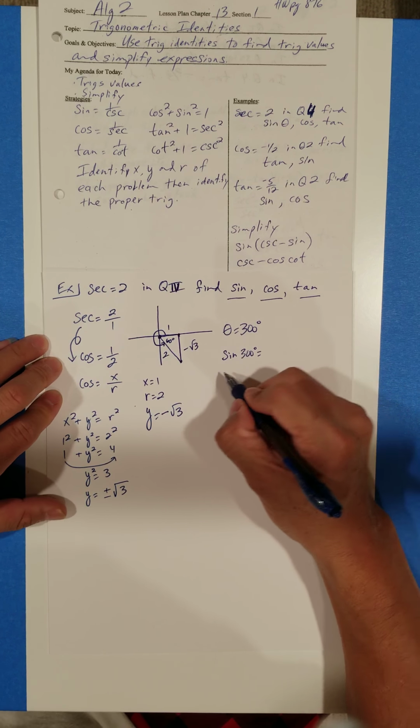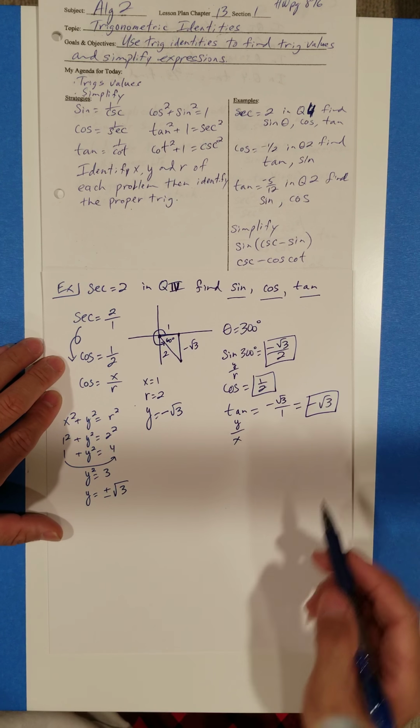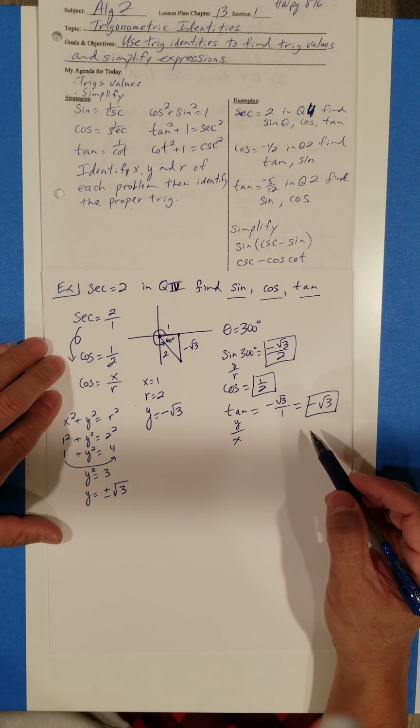Cosine is 1/2, which we found earlier already. Tangent is y over x, so negative radical 3 over 1. When we're done, we always simplify. We never leave a 1 in the denominator, so negative radical 3. There we go. We found all three trig values that they wanted.